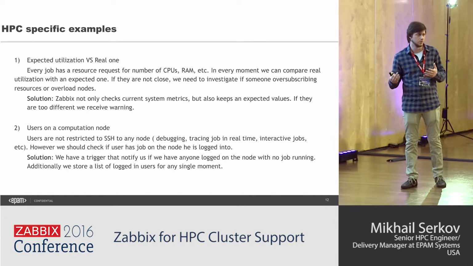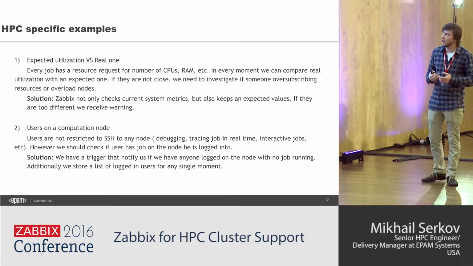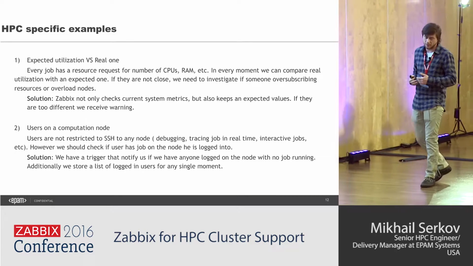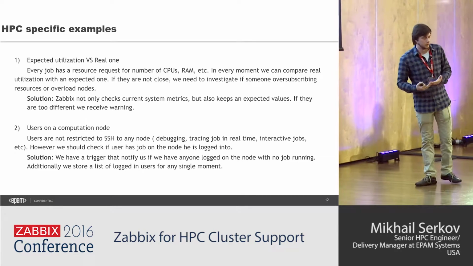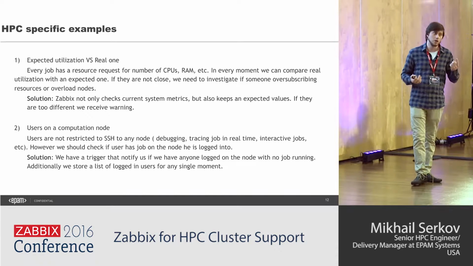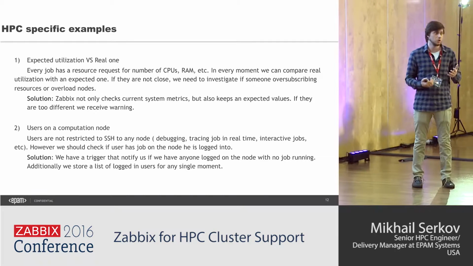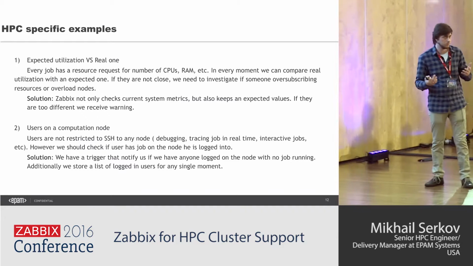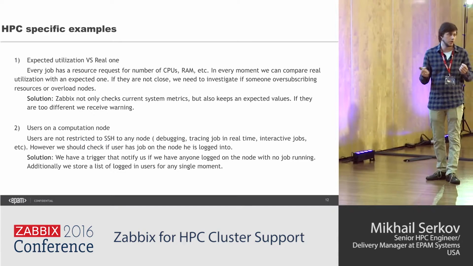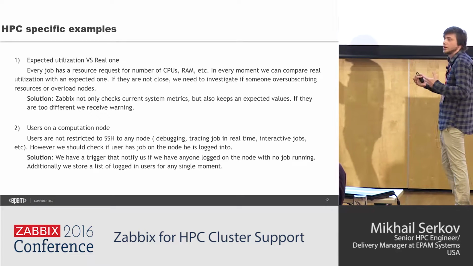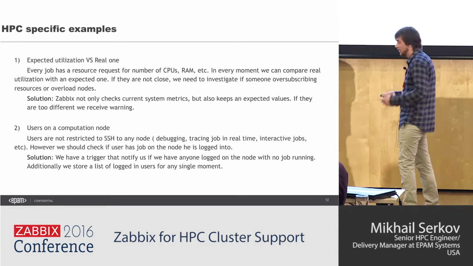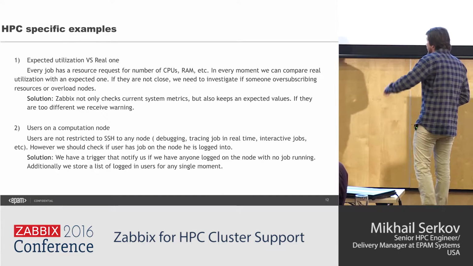Probably he needs to tune some parameters, or it oversubscribes, which is kind of dangerous, because if a user requests 1 core and runs on 10 cores, it's not a good thing. The scheduler doesn't know how many cores the user really uses.